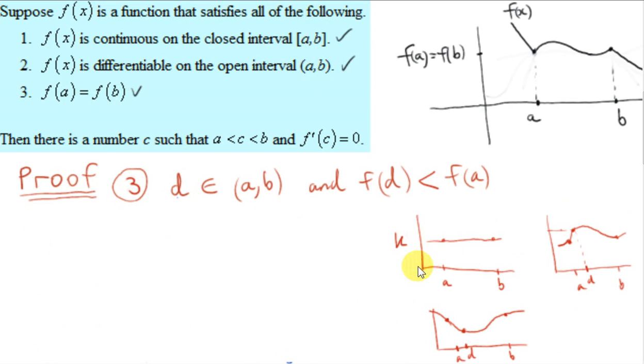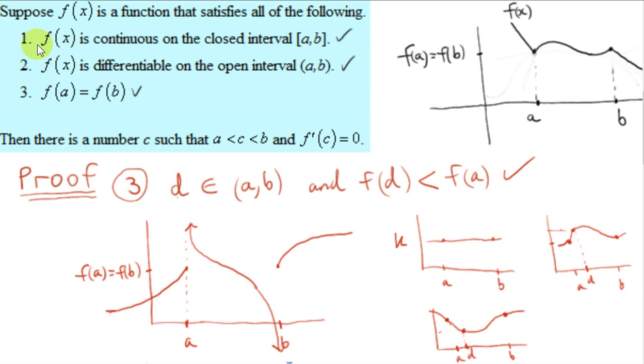The case where the function is equal to a constant which we call k, the case where there's a number d in the open interval a to b such that f of d is greater than f of a, which equals f of b, or the case where there's a point d in the open interval a to b such that f of d is less than f of a, which also means it's less than f of b.